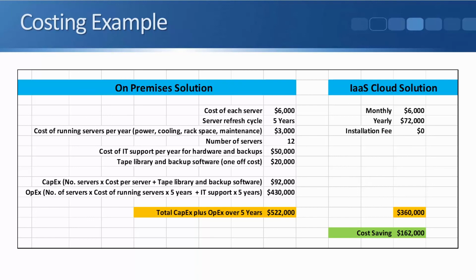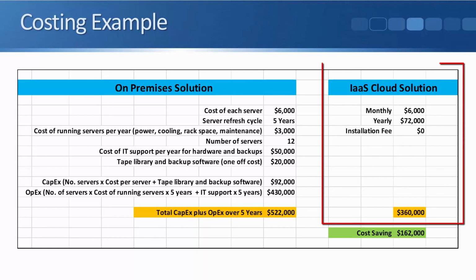So we've seen that our monthly fee is $6,000. Times that by 12, it will give us the yearly fee of $72,000, and typically there will be no installation fee for going with a cloud solution. So $72,000 per year, times that by 5 gives us $360,000.